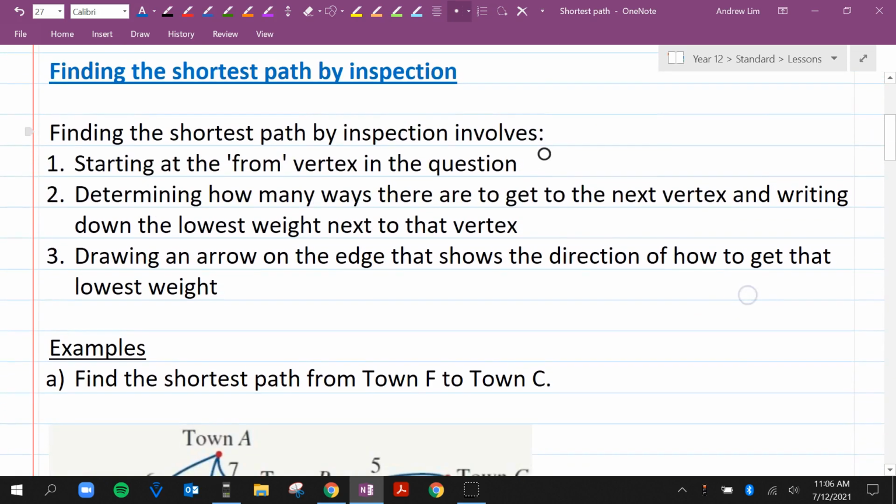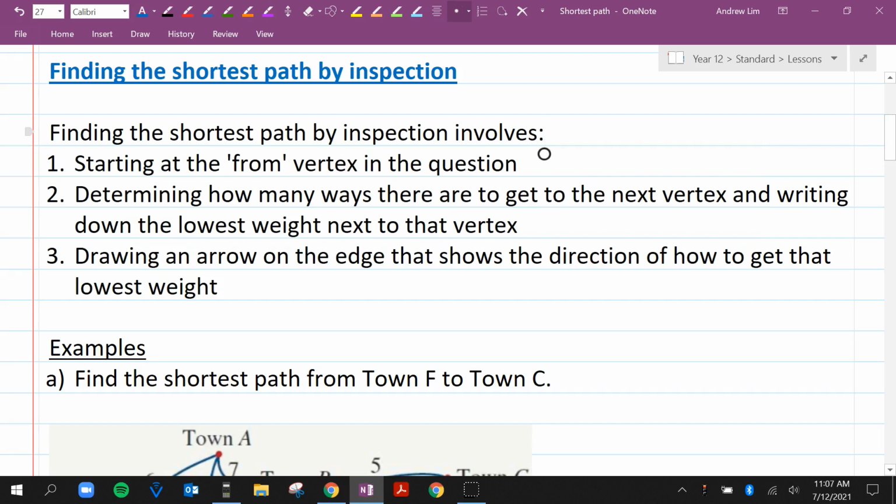Now, when I say inspection, I don't mean just have a look and give it a go, have a try. Actually, I'm talking about an actual method that I'll be introducing to you. When it's a nice simple weighted network diagram and we want to find the shortest path from one vertex to another, then it's fine to eyeball it, I guess.